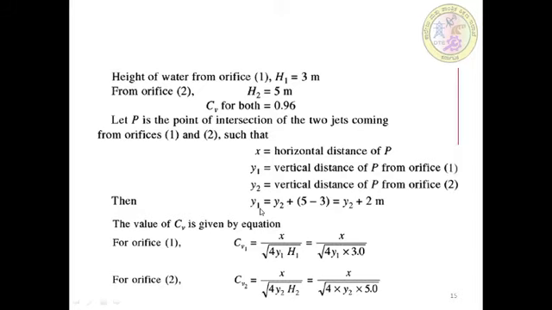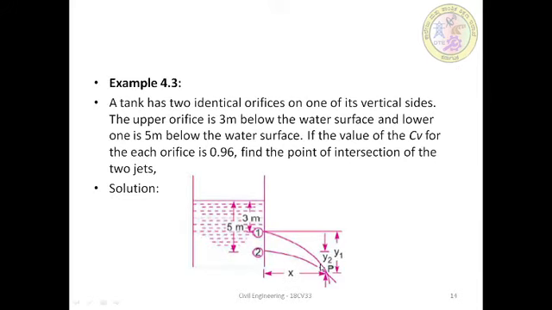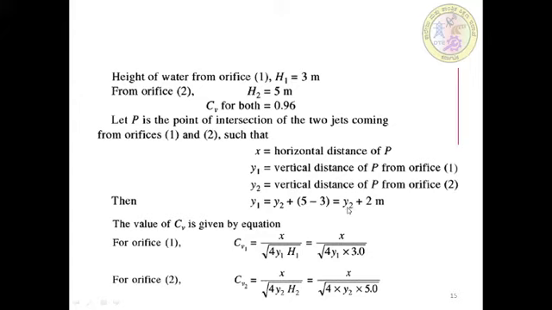The y1, from the first orifice to the point P, is y2 plus the difference of the two heads, H2 minus H1. From the figure you can see y1 is y2 plus 2 meter, since the difference of 5 minus 3 is 2 meter. So y1 is equal to y2 plus 2 meter.